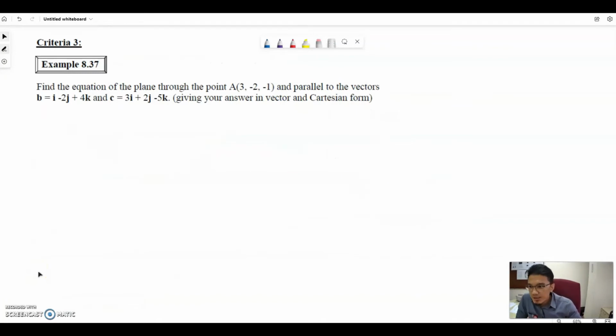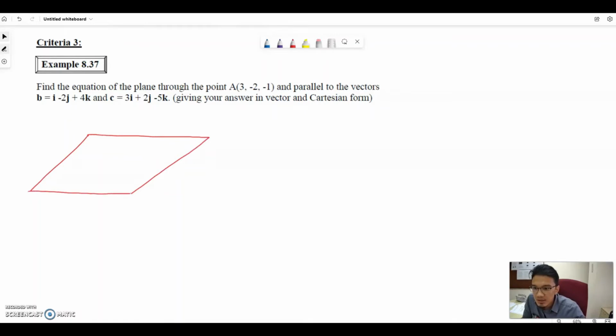Okay, now let's look at criteria number 3 by solving example 8.37. Find the equation of a plane passing through point A and parallel to the vectors B and C. Okay, it means the plane is parallel to vector B and C, meaning vector B actually lies on the surface of the plane.